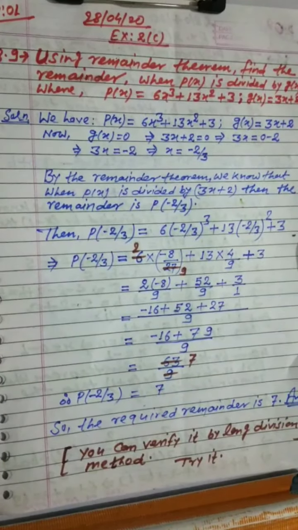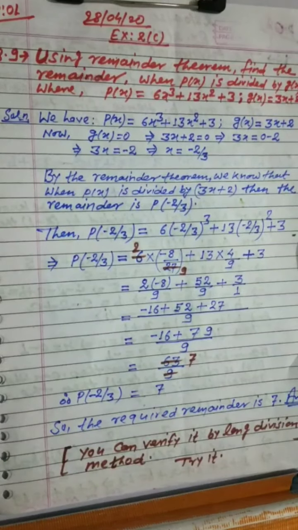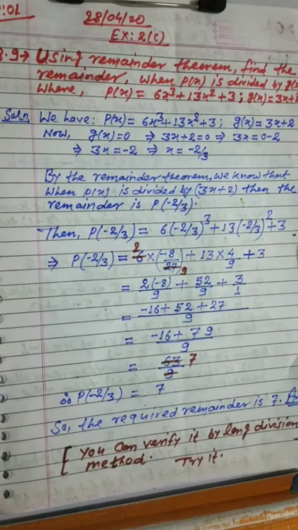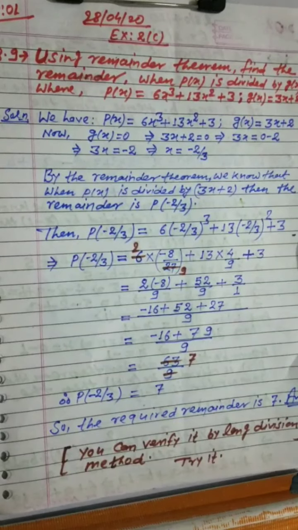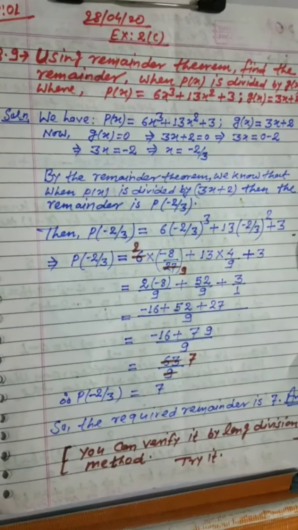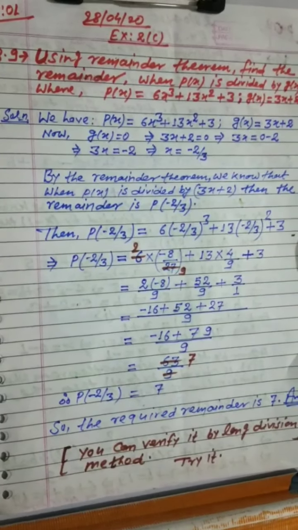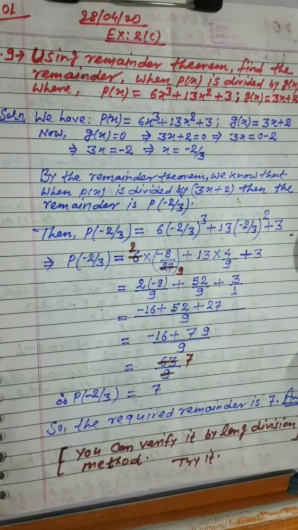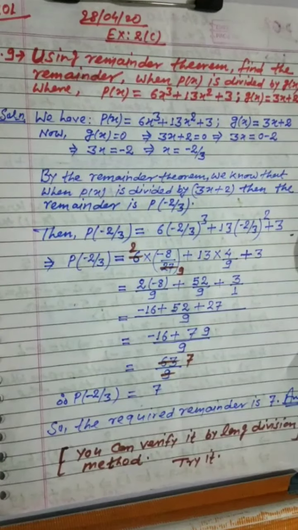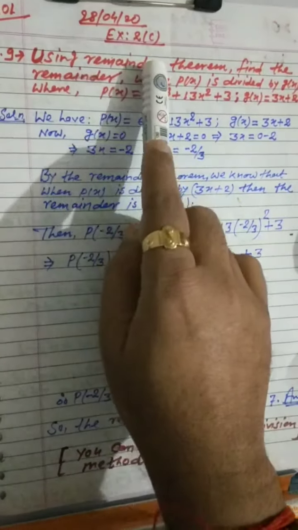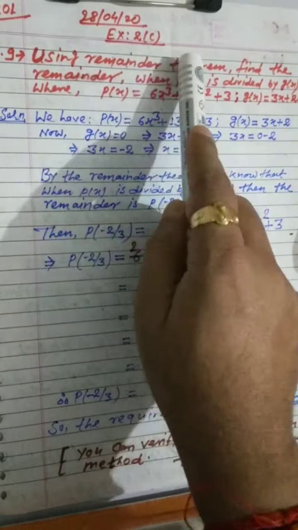Today we are going to solve some more problems based on remainder theorem from your exercise 2C. Today's first question is question number 9 of your exercise 2C.